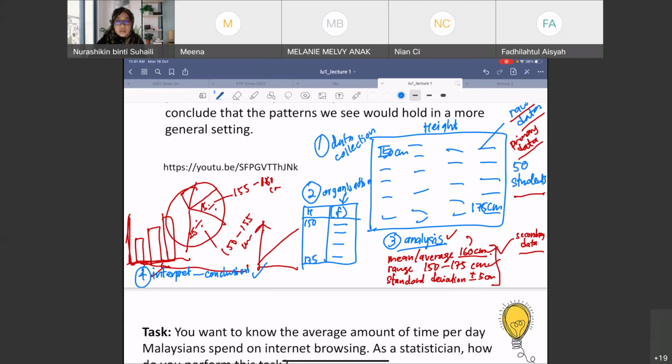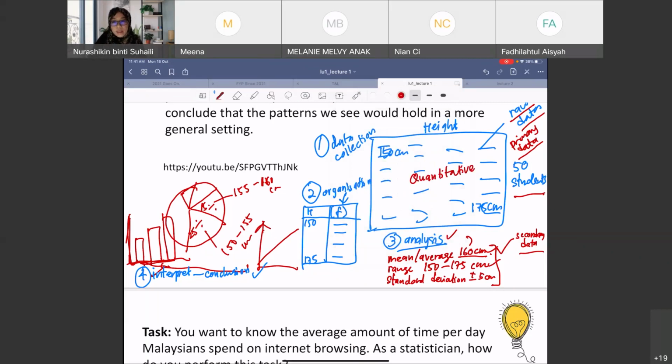Let's say you want to measure the distribution of the size of insects. You have to collect data, you have to analyze the data. It could be quantitative, it could be qualitative. The example just now is quantitative data because it deals with numbers. Quantitative means something related to numbers.